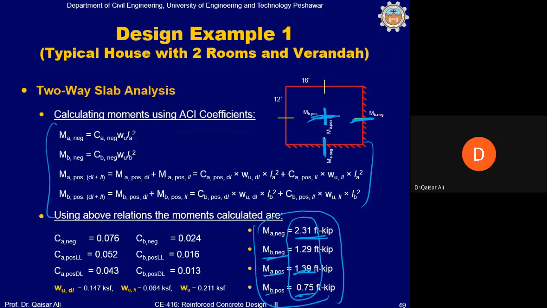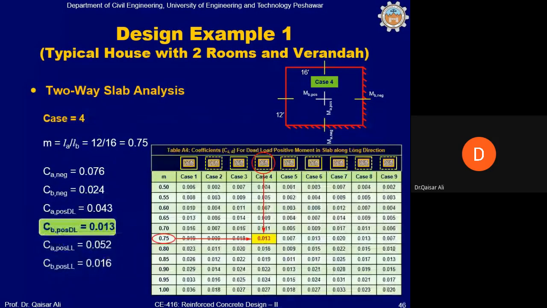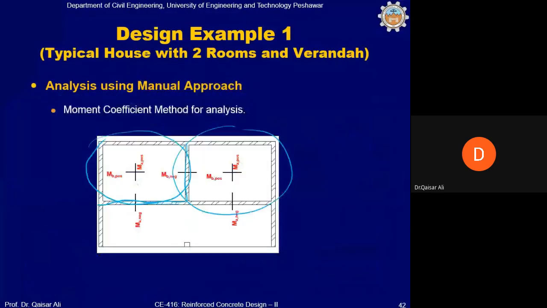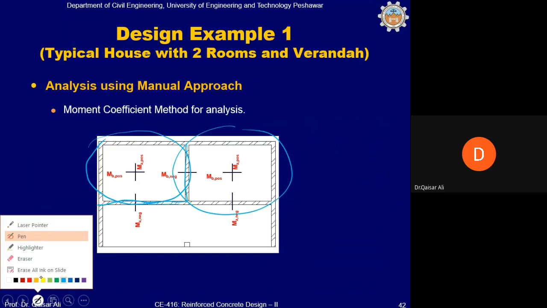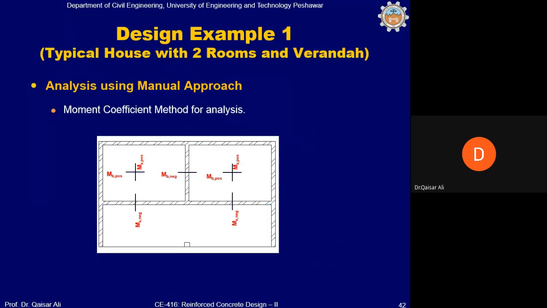नोट किया? जी सर. अच्छा, अब इसको जरा यहां पर mark कर देते हैं. So what was the value of MA negative? 2.31. This is basically MA negative, and the value of this was 2.31. Okay. What about the MB negative? 1.29.